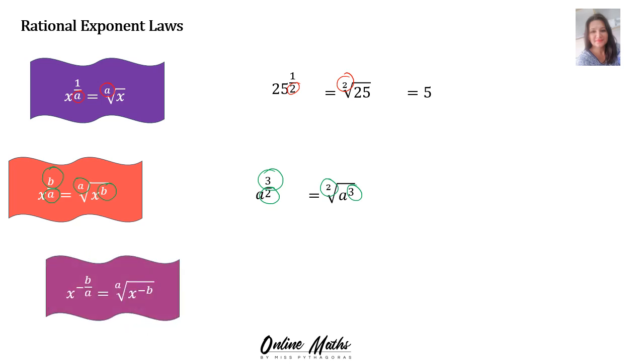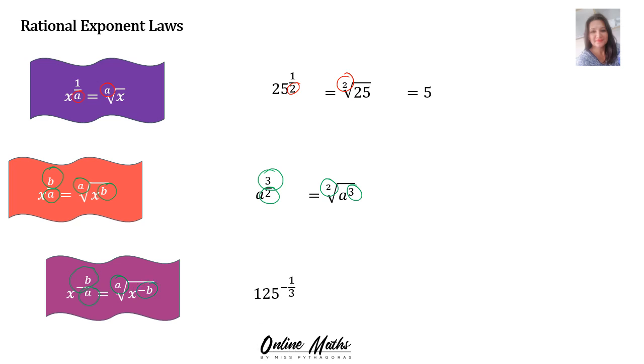And then the last one is if I give you x to the -b over a. Now, where does the negative go? So on the a, the denominator becomes the type of root, and then the -b, so the negative goes with the numerator, and it goes and stands underneath the root sign.